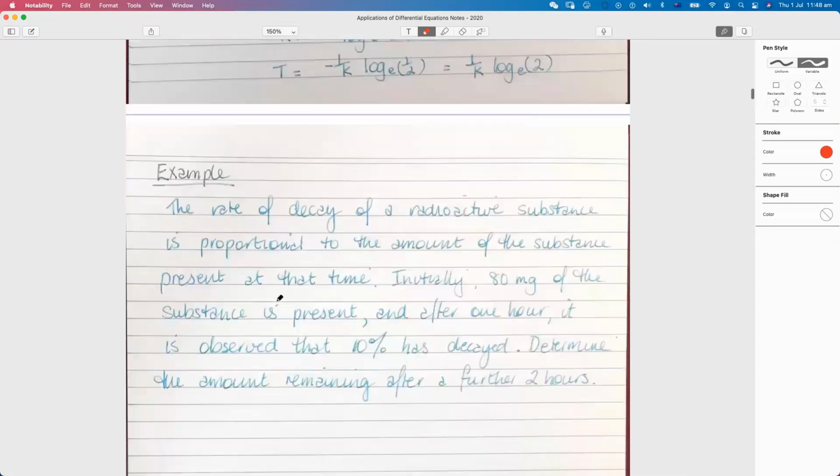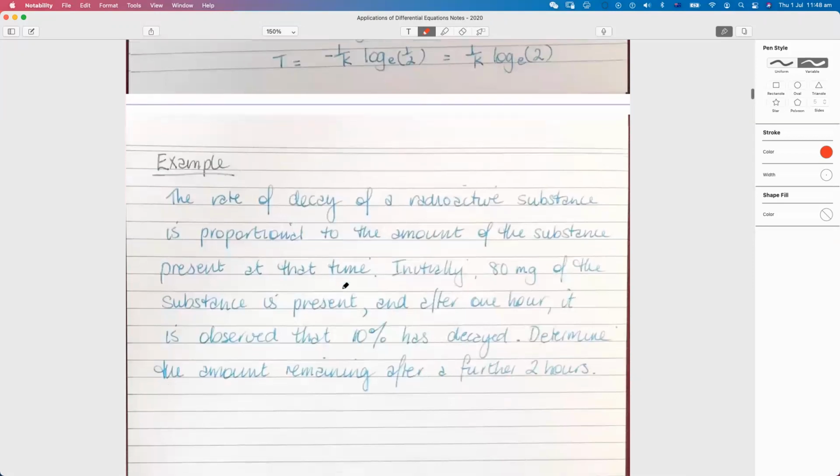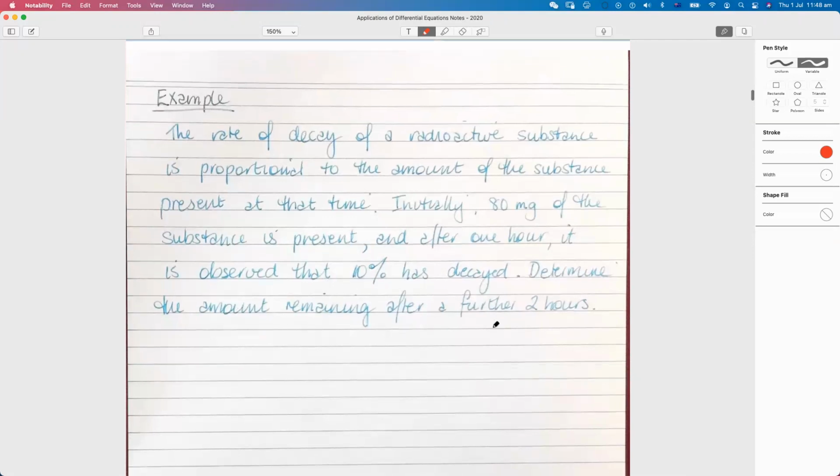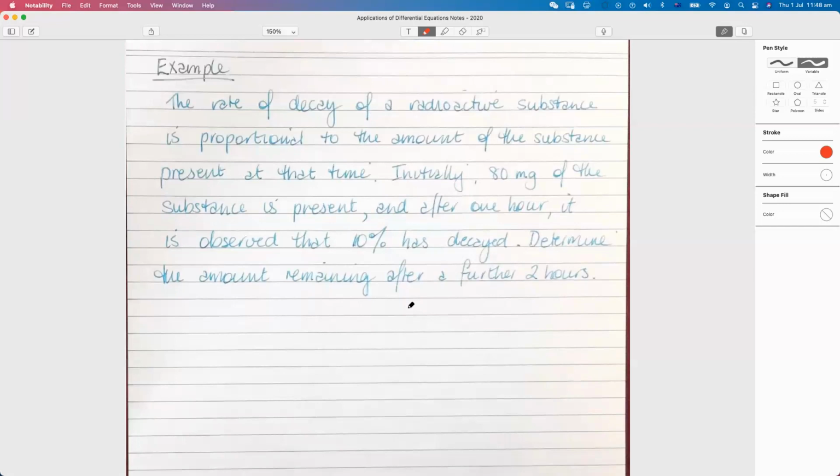Example: the rate of decay of a radioactive substance is proportional to the amount of the substance present at that time. Initially, 80 milligrams of the substance is present, and after 1 hour, it is observed that 10% has decayed. Determine the amount remaining after a further 2 hours. Remember, when you're talking about decay of a substance, it's about the mass.